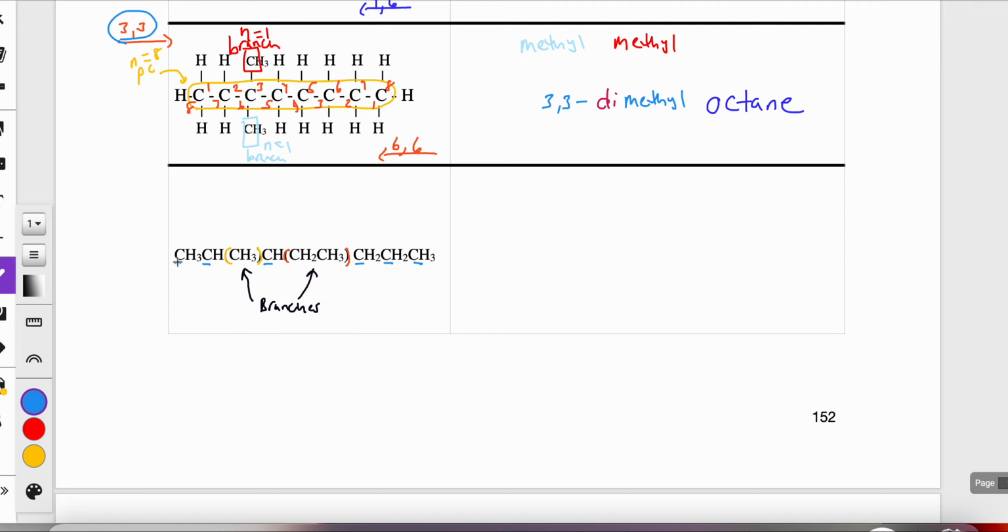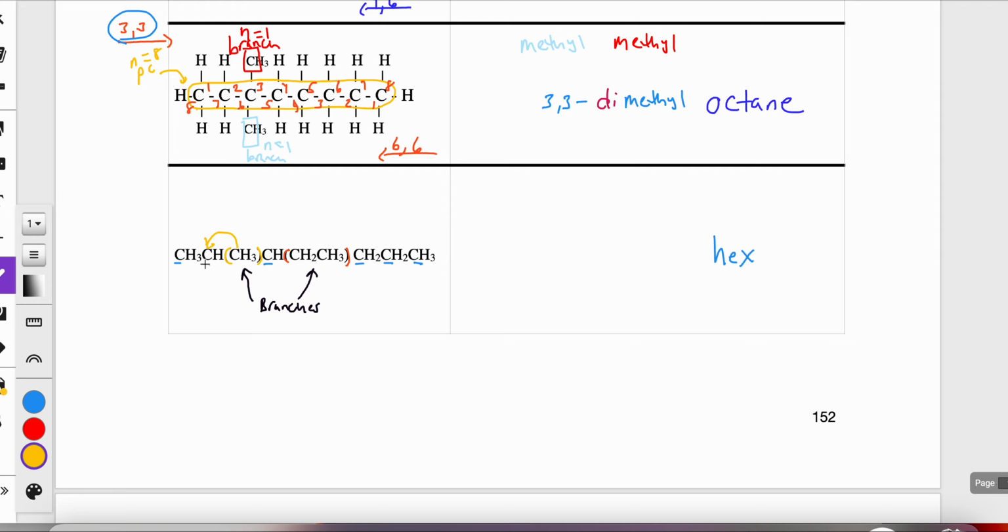So when I take a look, 1, 2, 3, 4, 5, 6. So this would be hex. Okay. And I'm going to use some clues here. So when I take a look at this carbon here, the carbon is attached to this carbon.